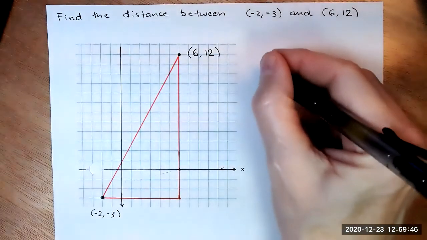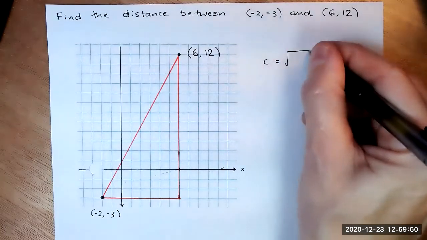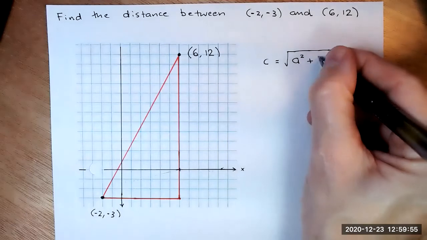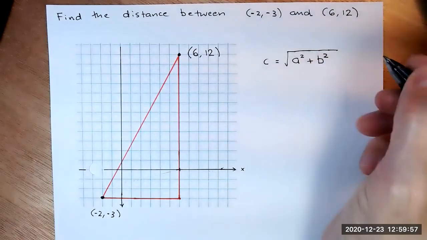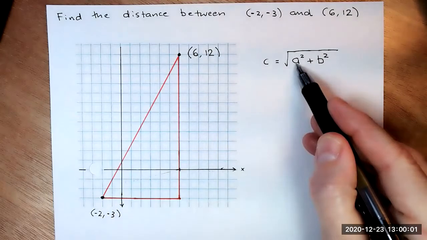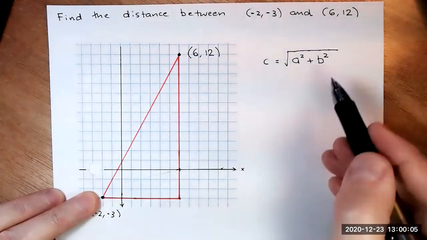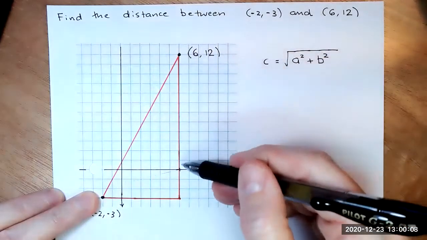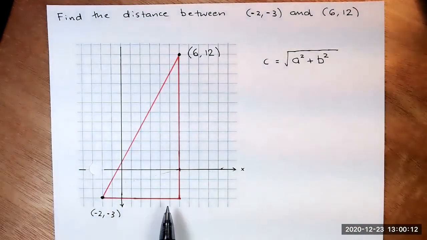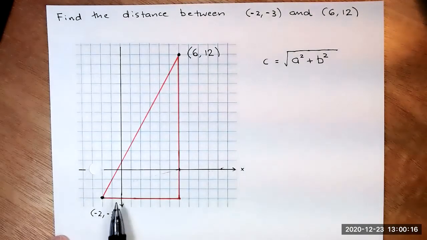So remember that we're going to use the Pythagorean theorem. And you want to make a note that we're squaring this distance and squaring this distance. Otherwise, you would have to be very careful to make sure that the difference came out positive.